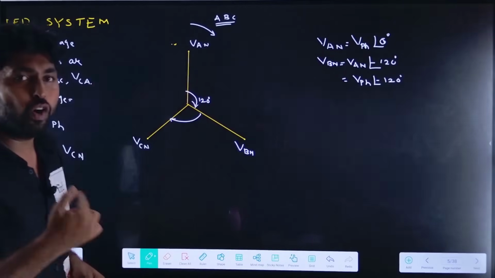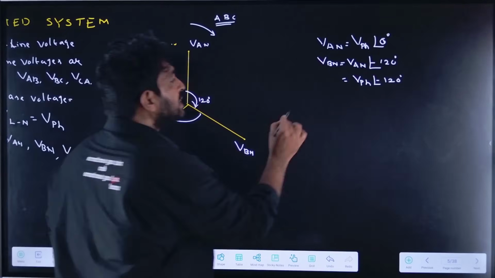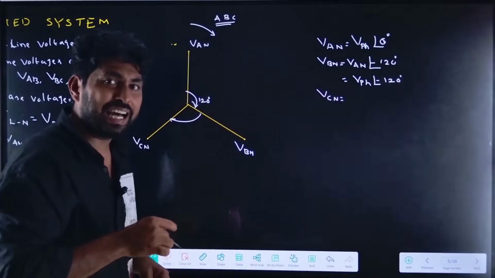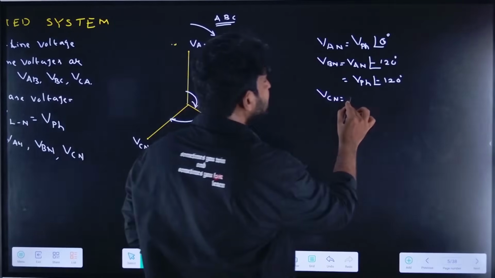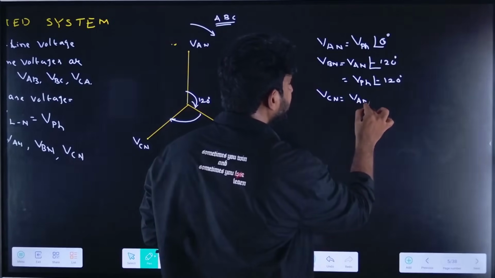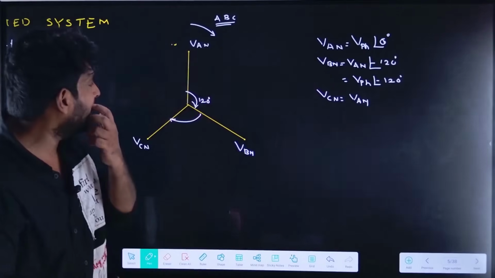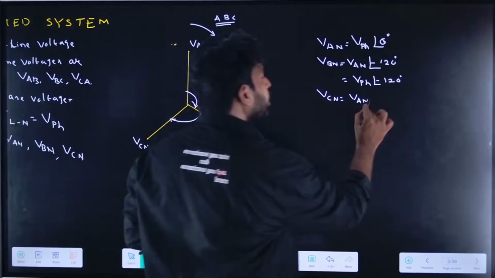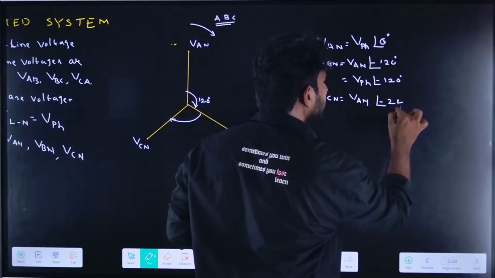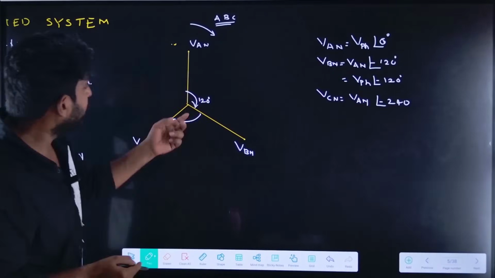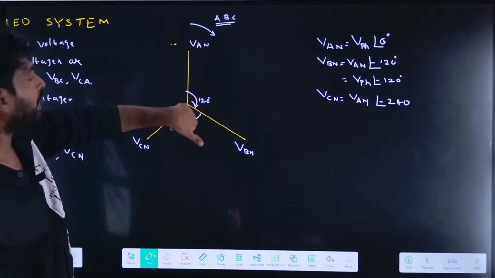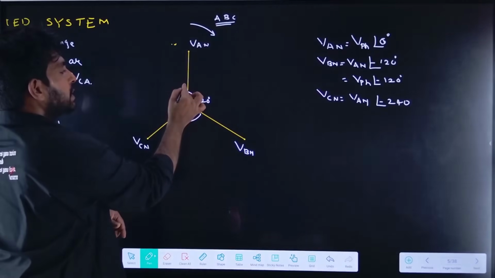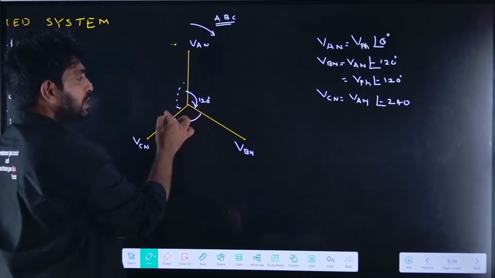Right? So how can we write VCN? With respect to VAN, it is lagging by 240 degrees, so we can call this minus 240 degrees. From the other side it is 120 degrees.